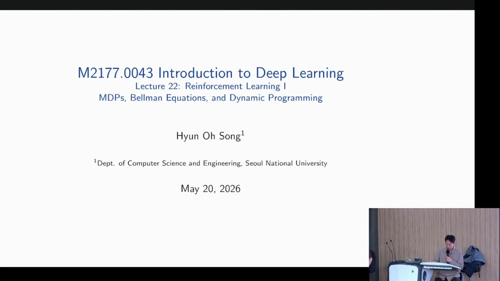Okay, so today we're gonna start discussing reinforcement learning and make extensions towards deep reinforcement learning. But before then, we need to underpin key concepts in RL.